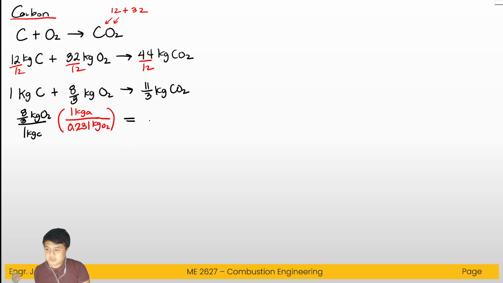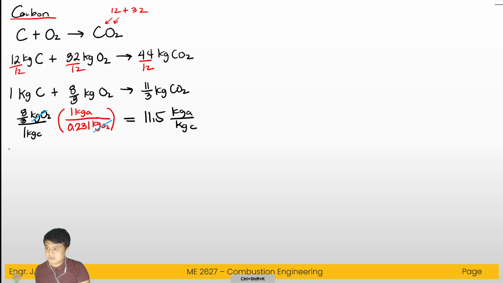So if you rewrite this, you will get 11.5 kilograms of air per kilogram of carbon. You can cancel this out. Okay, we're good with carbon.